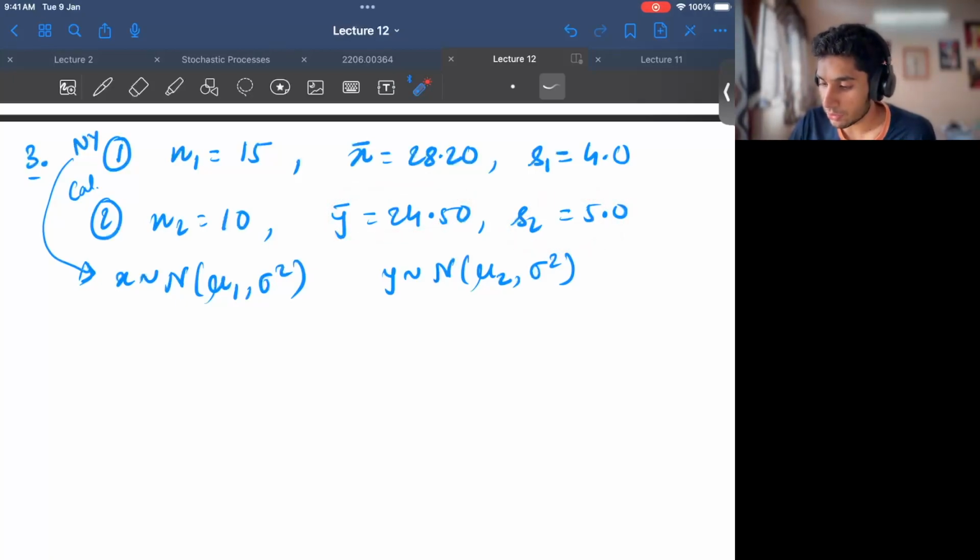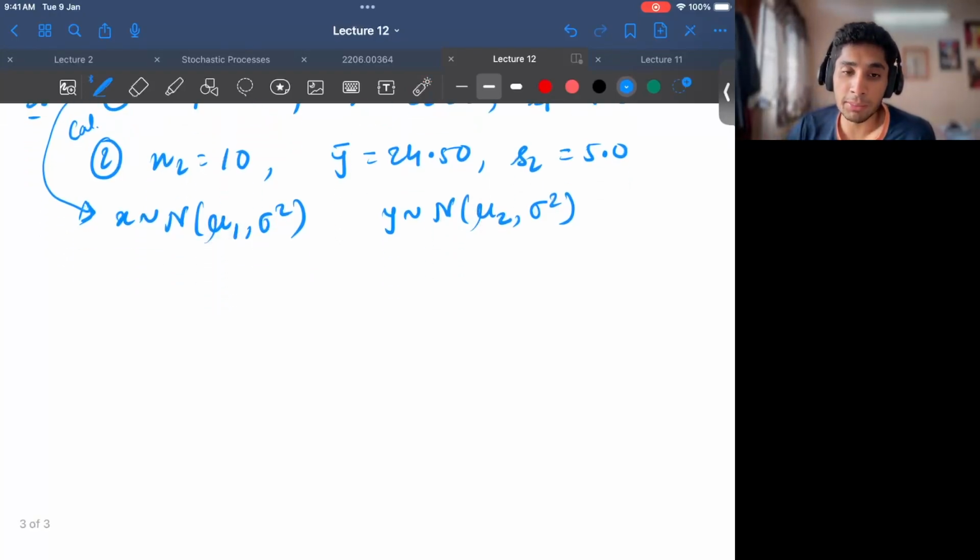The data that I'm highlighting is empirical data that you have observed from samples. However, you want to comment on the actual means, mu1 and mu2. So the question asked is whether mu1 is greater than or equal to mu2 or not.